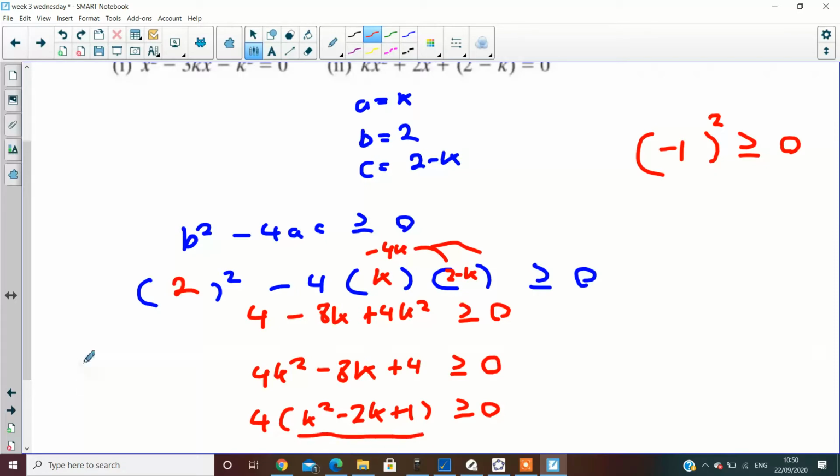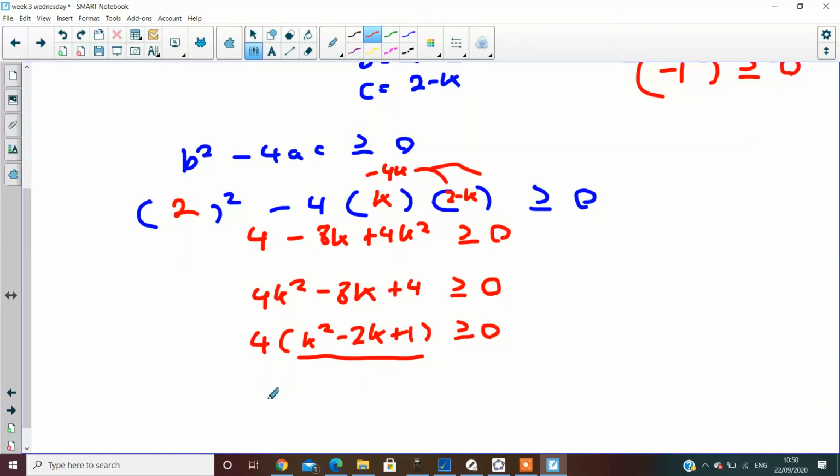What happens when you factorize the quadratic? It's going to turn into k minus 1 squared, which is what? A perfect square. 4 times a perfect square is bigger than or equal to 0 for any value you can think of. Does that make sense? 4 times anything squared is positive. Okay, let's move on.